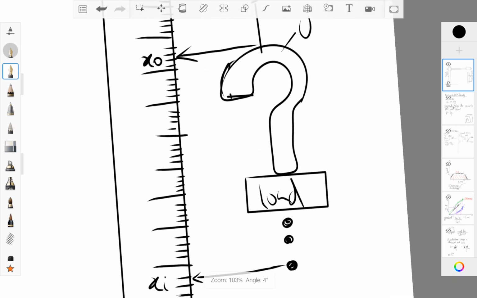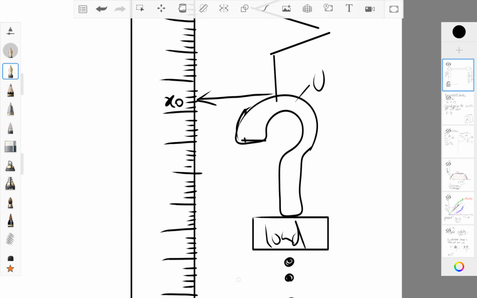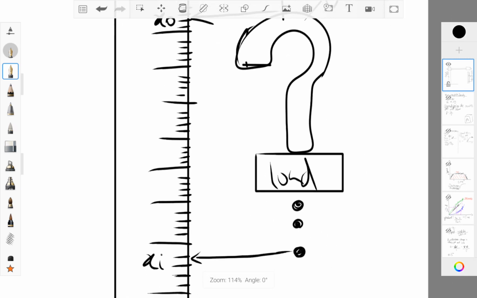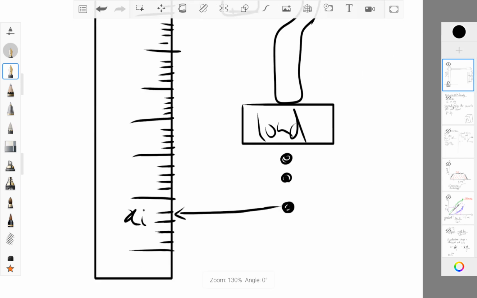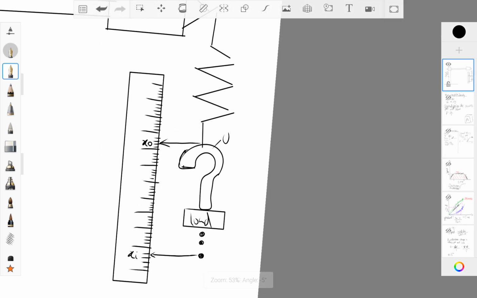Now, x0 is essentially your initial height, and when you add the load to the optical pin, this entire thing is going to drop down. This is a spring, by the way.